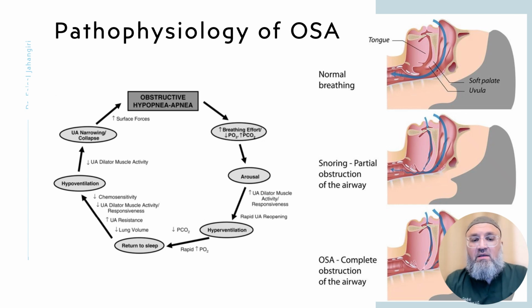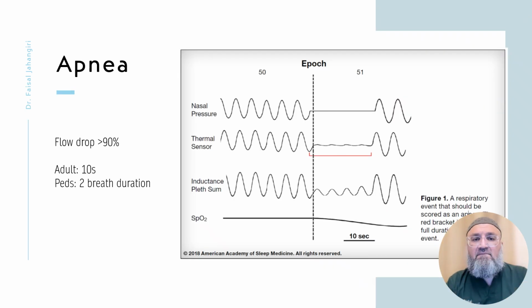Due to this blockage, there's increased breathing effort, resulting in a decrease in blood oxygen level and an increase in carbon dioxide, and the result is arousal and hyperventilation, and the person goes back to sleep. That results in decreased carbon dioxide and increased oxygen, then hyperventilation, and then again collapse, and then obstructive sleep apnea or hypopnea happens again.